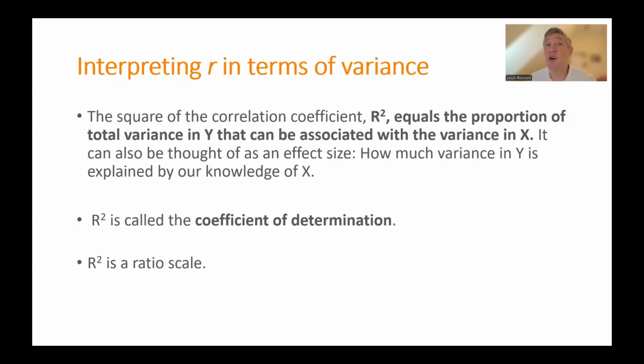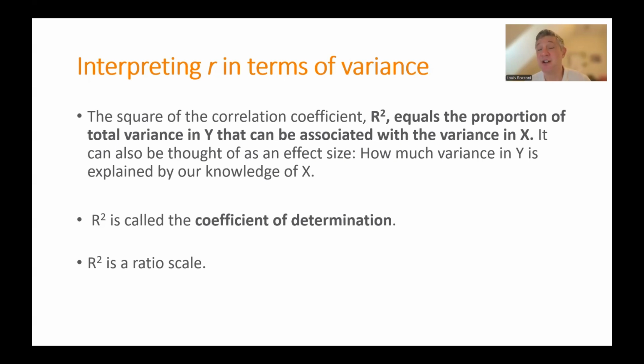We can also interpret r in terms of variance explained. We can square the correlation coefficient, and then r squared equals the proportion of variance in Y that can be associated with X. You can think of it as an effect size, like how much variance in Y is explained by our knowledge of X. In the regression literature, we'll call this the coefficient of determination, and this is again a variance explained effect size.